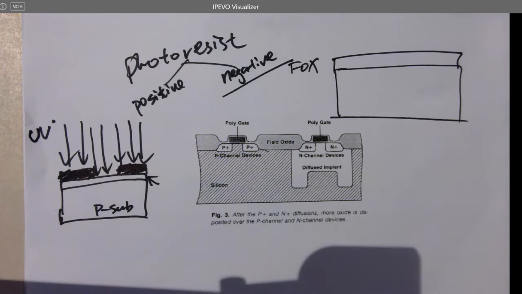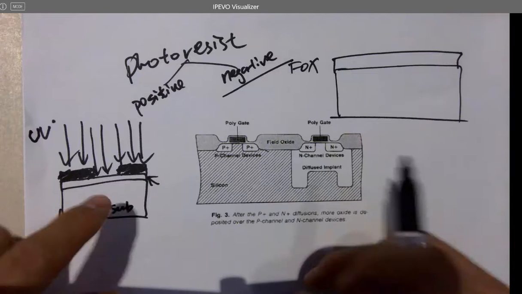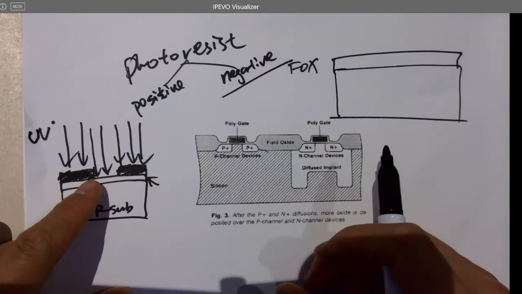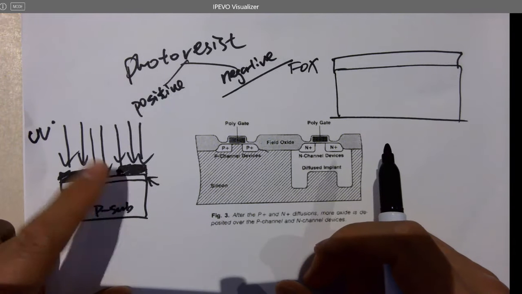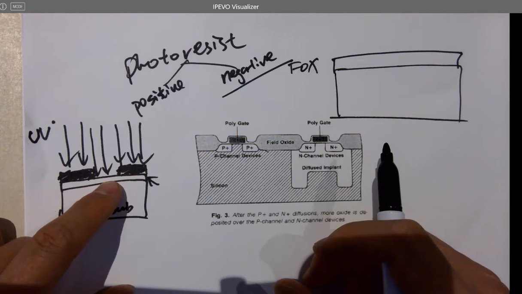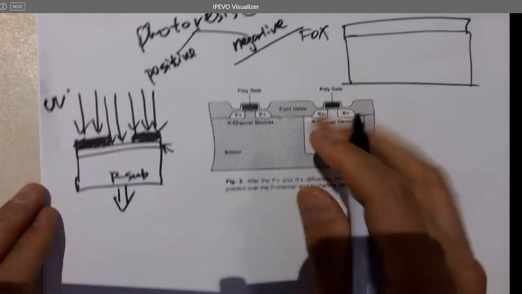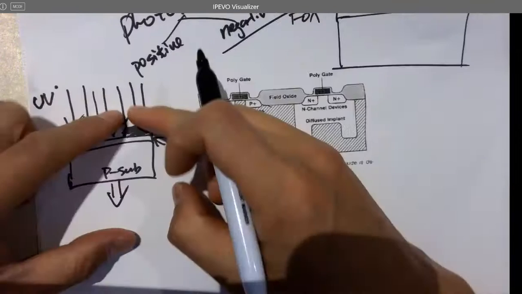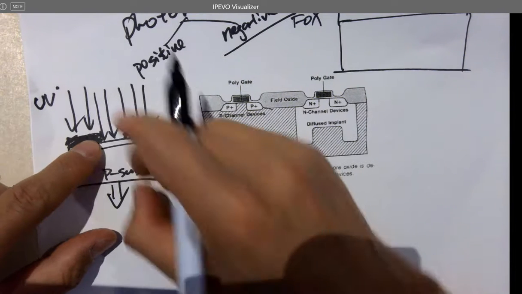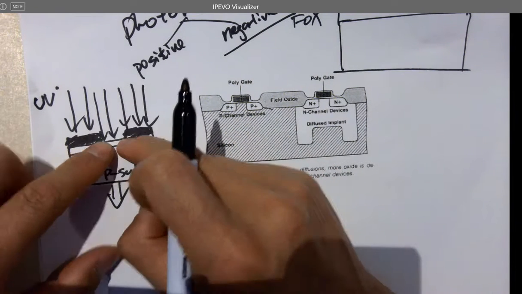I don't know what that means in chemistry, but cross-linked means they are getting more resistant. They are totally resistant to another agent I'm going to use later after this process. So they will stay. Whatever exposed to the UV will stay on the wafer. After I use a mask to protect these areas, only this area is exposed with UV.